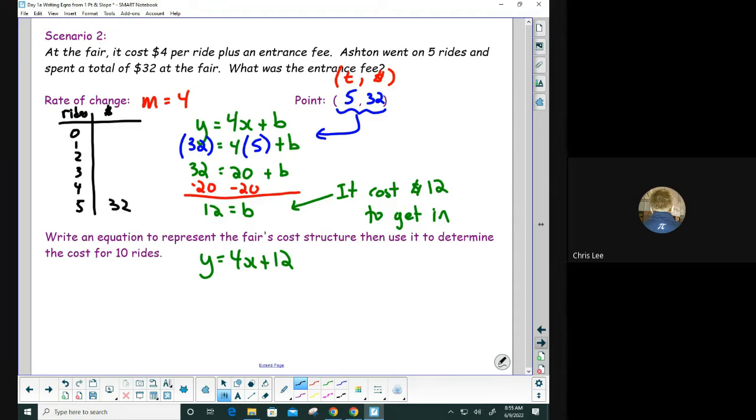What's the slope in this one? The rate of change? It goes up by 4s, which means I could go backwards by 4s. So go backwards by 4s for me. 32 minus 4, 28. Before that, it was 24. Then before that, 20. Then 16.